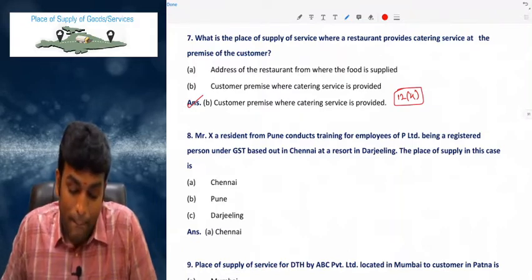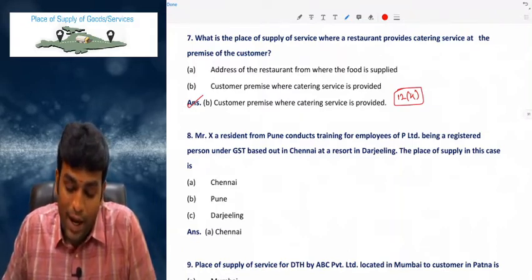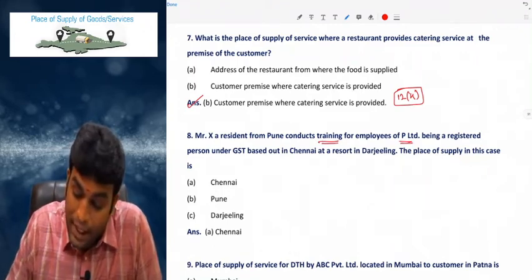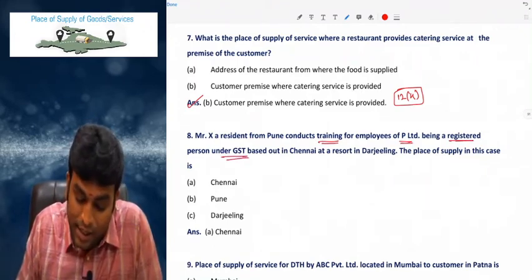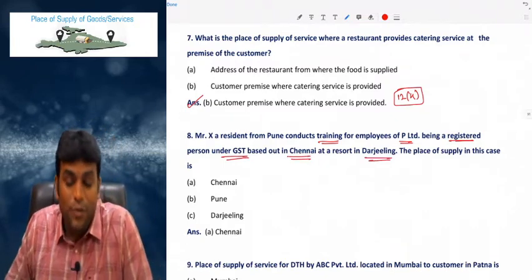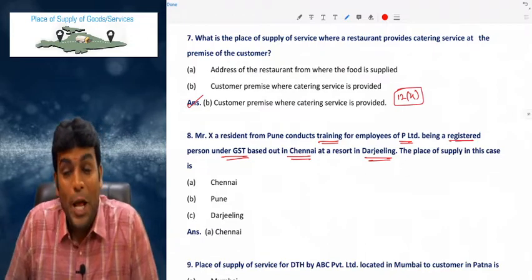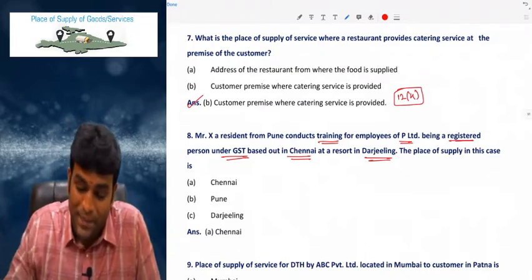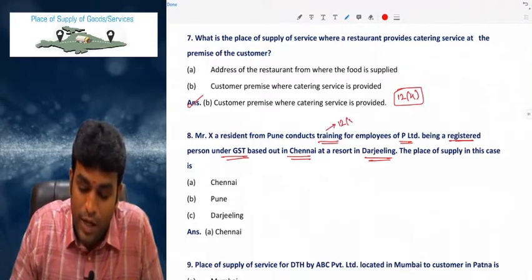Next, Mr. X, a resident from Pune, conducts training for employees of P Limited, being a registered person under GST, based out in Chennai, at a resort in Darjeeling. Wow! See that once? Mr. X, a resident of Pune, conducts what, sir? Training. And we know that training is governed by 12/5.